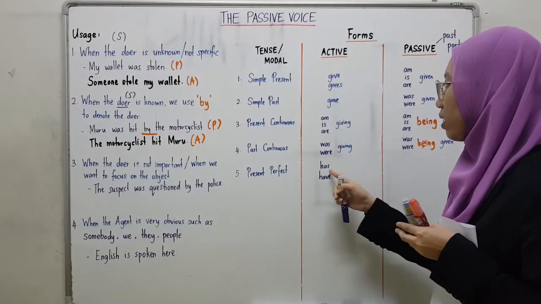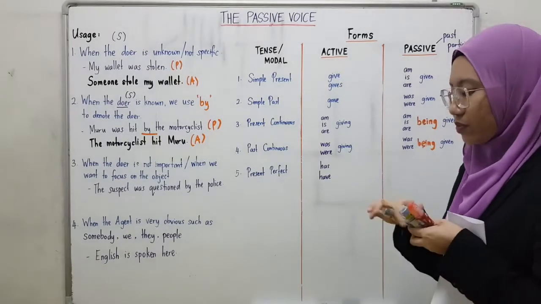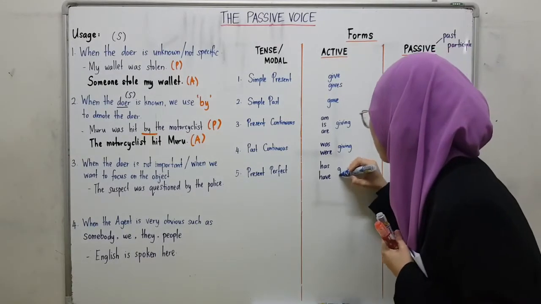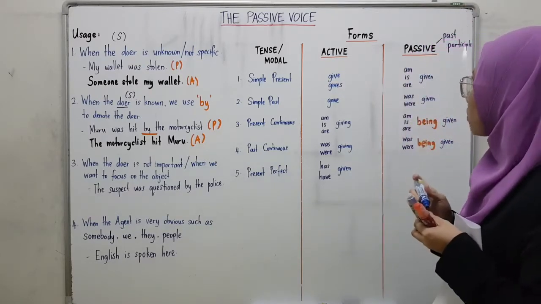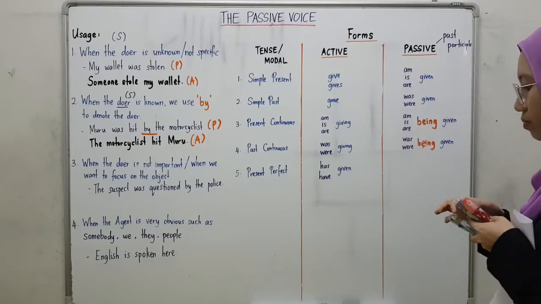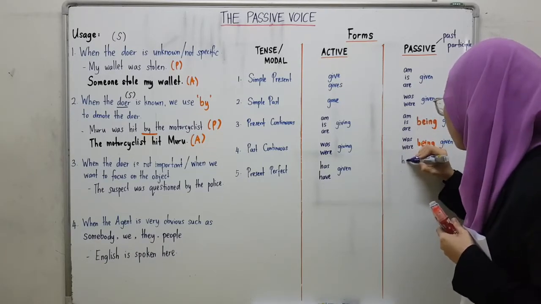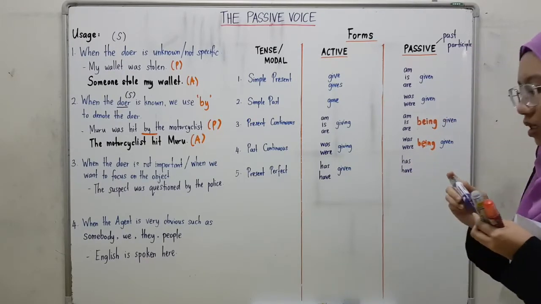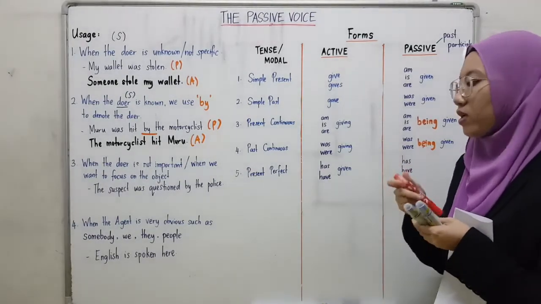With has and have we must use the past participle. So has given or have given. When you want to change into passive form, we still use has and have, but we add been. Has been or have been given.